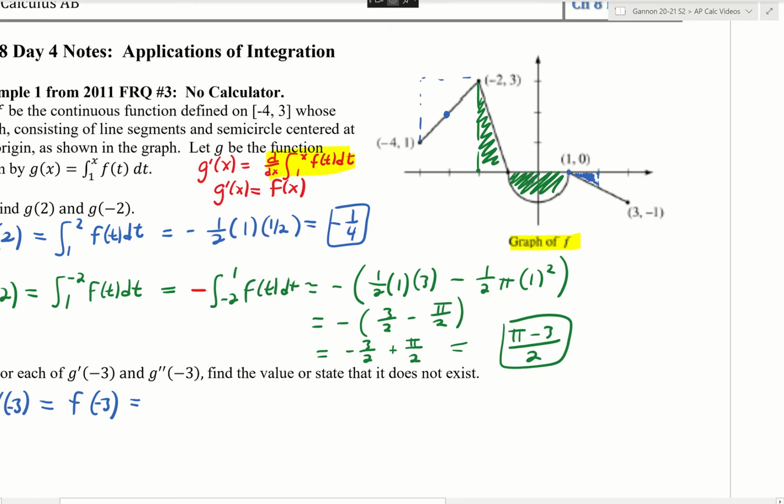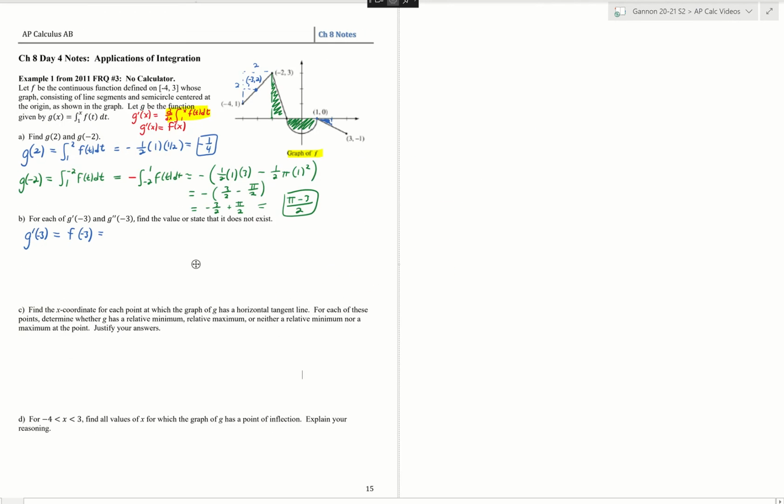We're going from 1 to 3, which is rising 2, and from negative 4 to negative 2, which is a run of 2, which means our slope is 1. So if we go up 1, we go over 1. This coordinate would be negative 3, 2, and that would make g prime of negative 3 equal to 2.